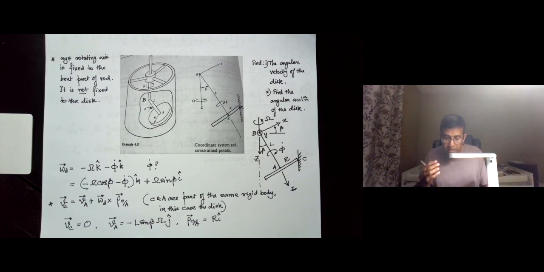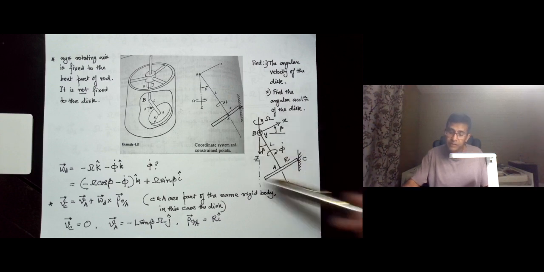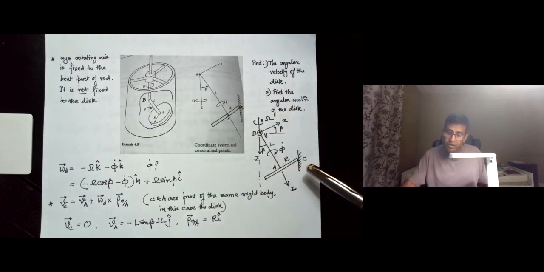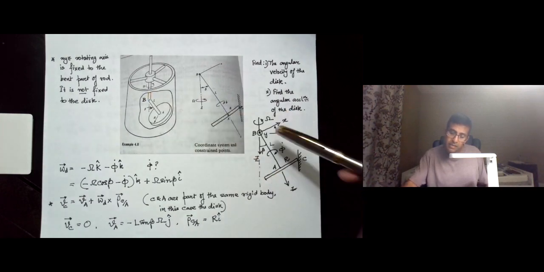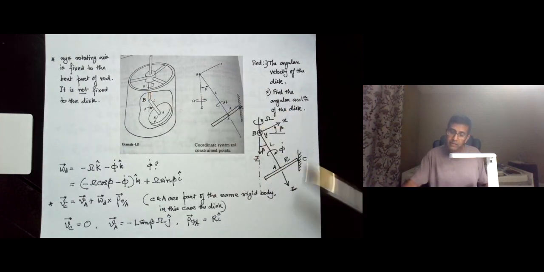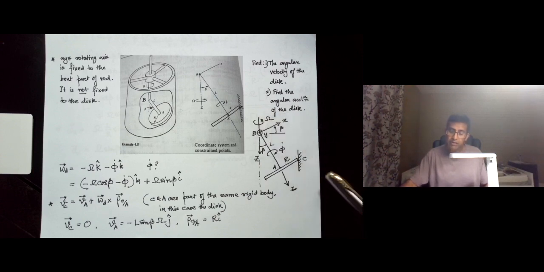With that understanding, essentially what is happening is, let me just go over this figure. This is a schematic of what is going on with the disc. You see the point B is the point where the rod gets bent. The rod is turning with a constant angular velocity of capital omega.